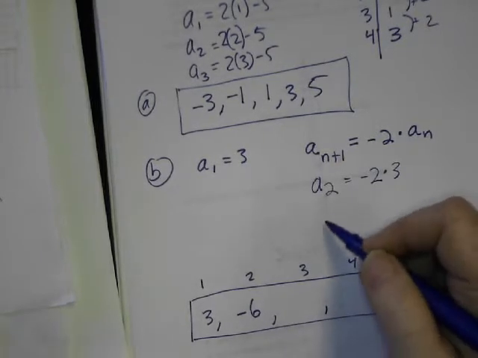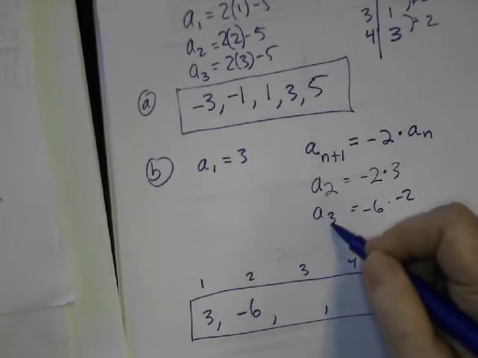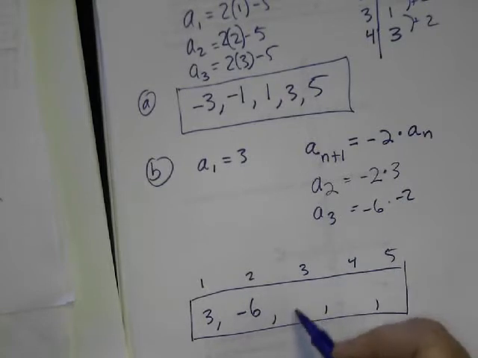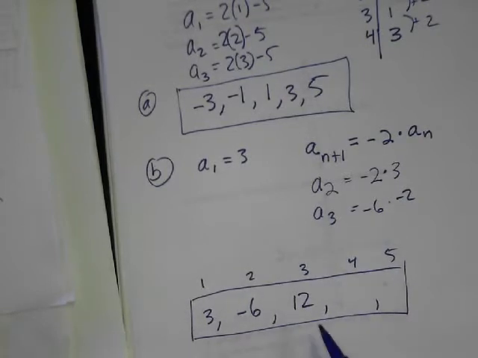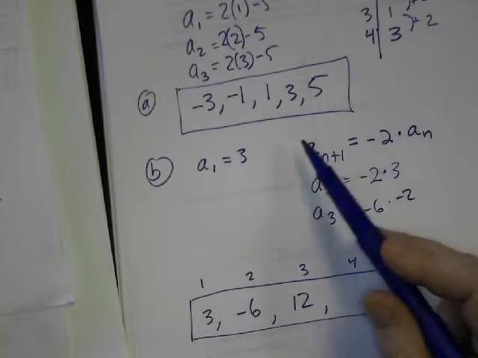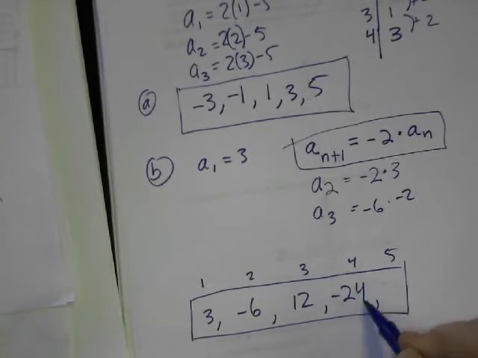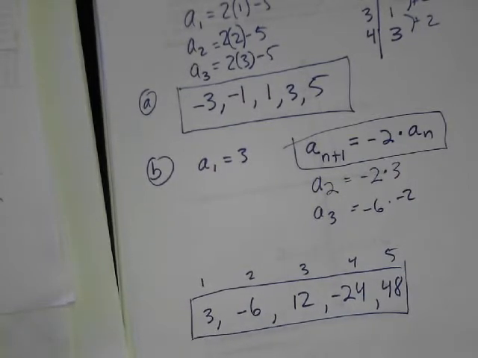Well, negative 6 times negative 2 is 12. Yeah. That's what a of 3 would be, 12. And then I take that one and multiply it by negative 2. That's what this formula says right here. Negative 24 and then 48?